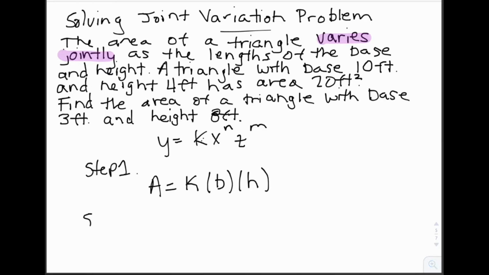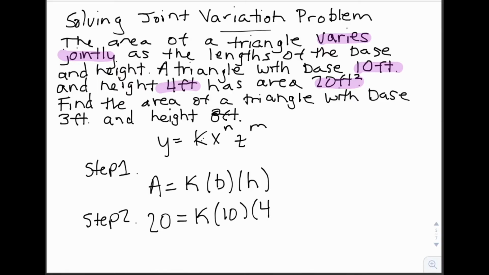So step number 2 says to substitute our given values to find k. So we know that our area is equal to 20 feet squared. So 20 is equal to k. Let's figure that out. Our base here is going to be 10 feet. So 10. And then our other piece of information was that our height was 4 feet.